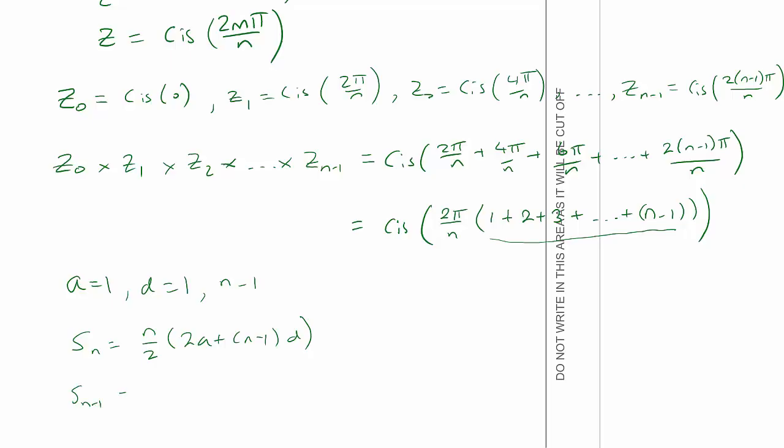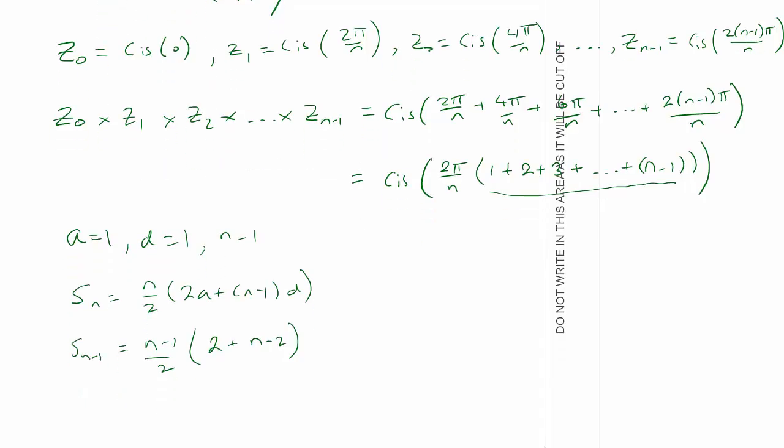So the sum of these n minus 1 terms would be n minus 1 over 2, 2 plus n minus 2, which gives me n minus 1 over 2.